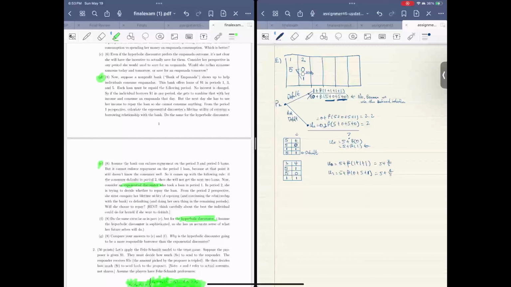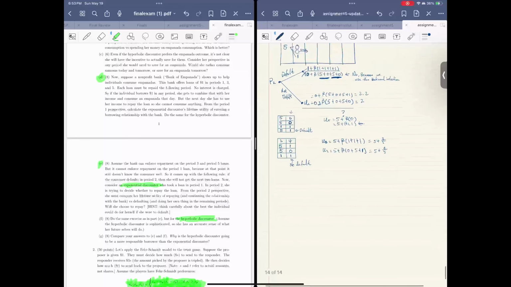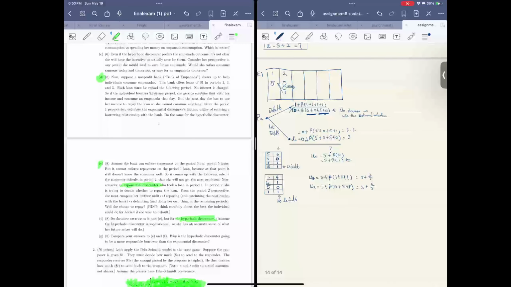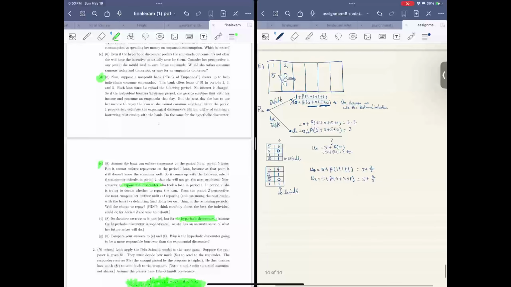So this person would not choose to default at period 4. No default. And then we can go back to period 2 again. So how do I do period 2?